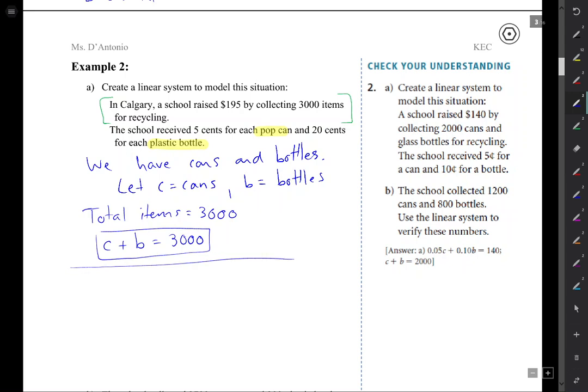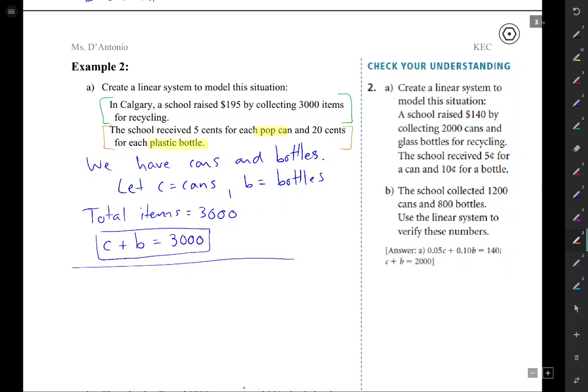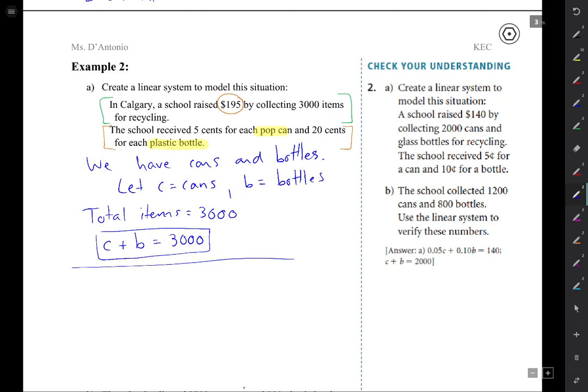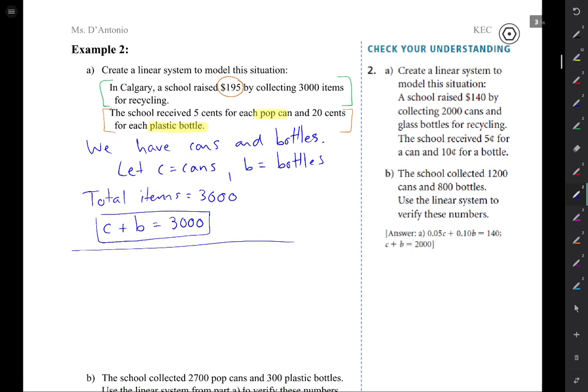Now let's look at the second. For the second one, I would use this second sentence to get some information from it. It says the school received 5 cents for each pop can and 20 cents for each plastic bottle, and in total, they raised $195. So I'm taking all of the information that has to do with money and putting it together in one equation.